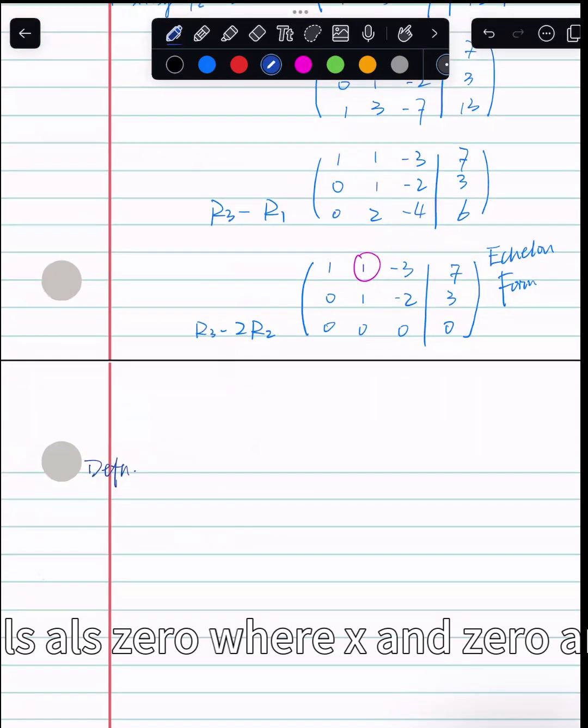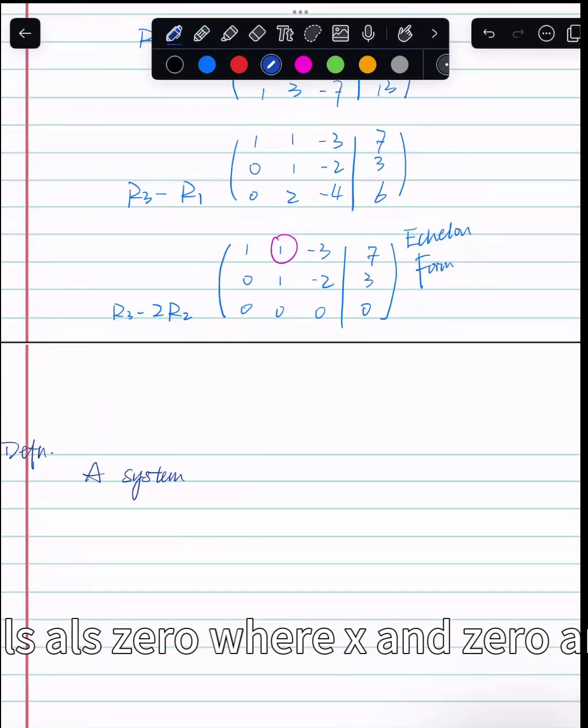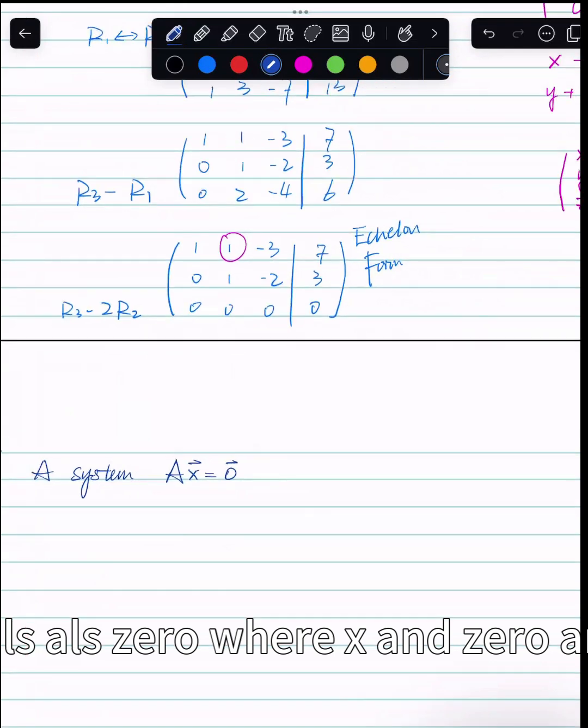If we have a linear system Ax equals 0, where x and 0 are vectors, it is called homogeneous.